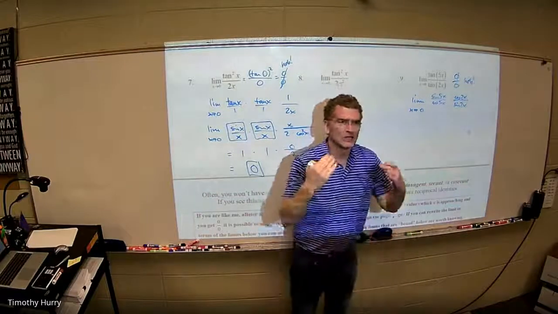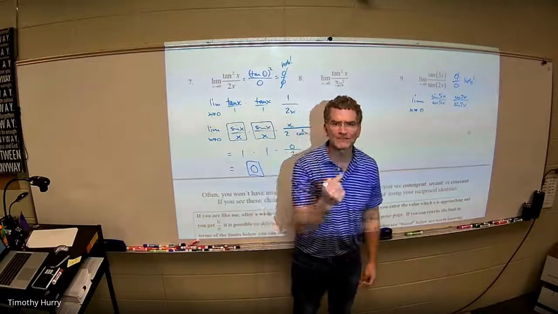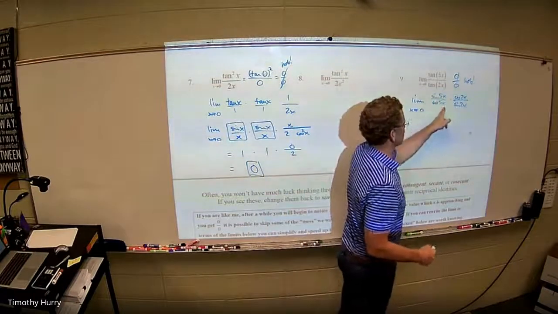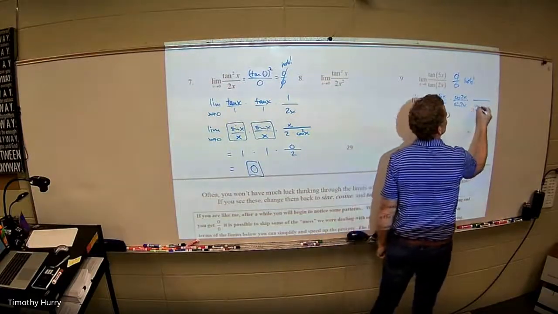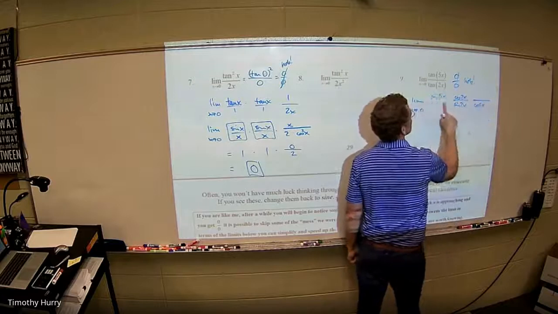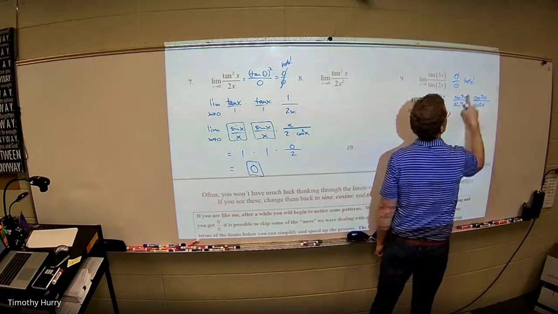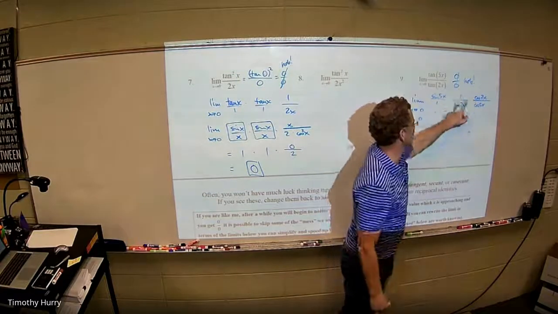Now again, got to get rid of what's giving me the hole. So let's find the sine of u over u. Well, clearly, sine of that doesn't need to have a cosine in there. So I'm going to slide that cosine of 5x out. I'm going to slide that cosine of 2x out. And what do I need there and there?